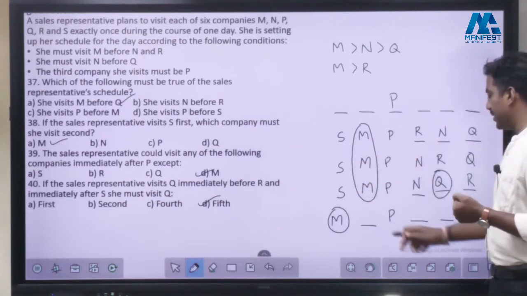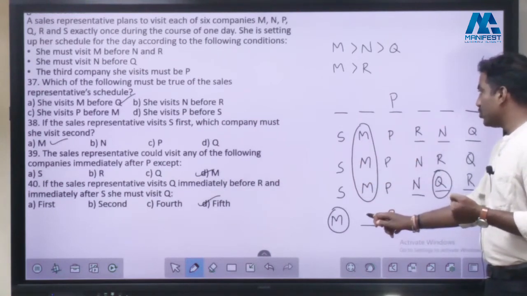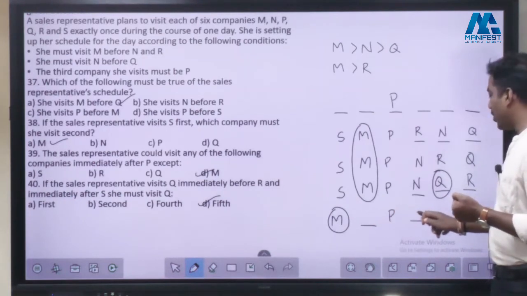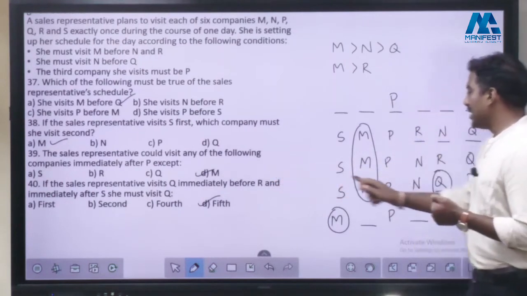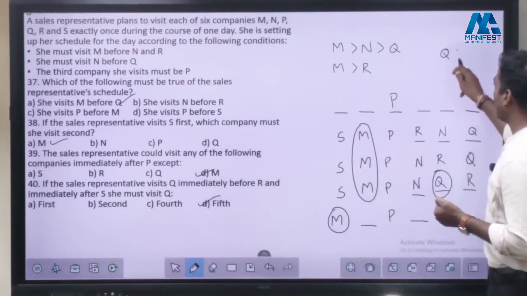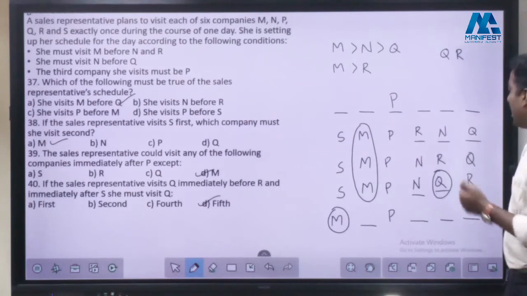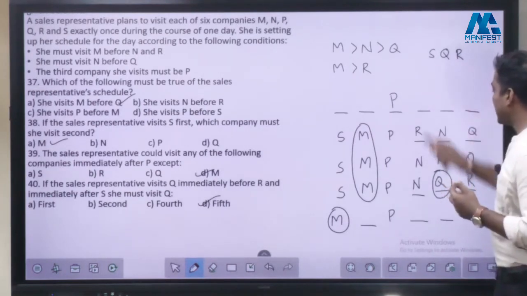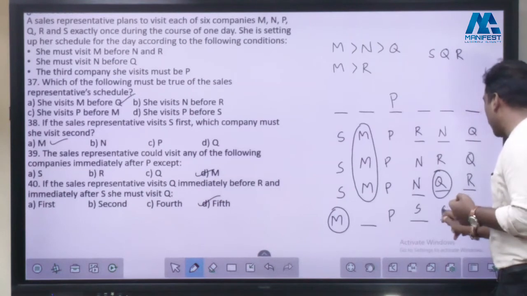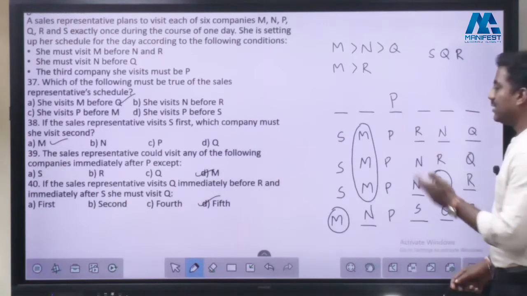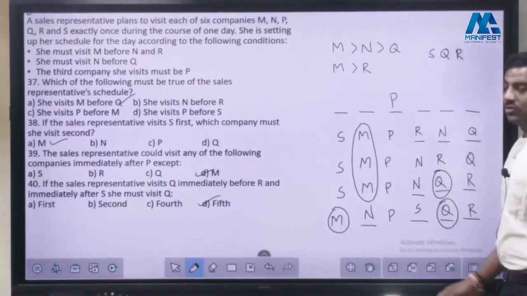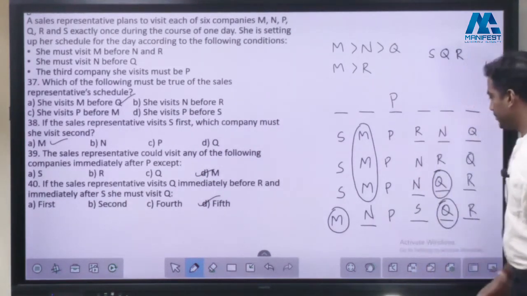When S is not here, then anyways, this has to be taken by either N or R. At that point of time, Q can be here or here or here, but they are telling visits Q immediately before R. So Q is before R and immediately after S. In that case, S, Q, R will come here and N would come here. So in that case, she must visit Q in the fifth place only. Okay, fine.